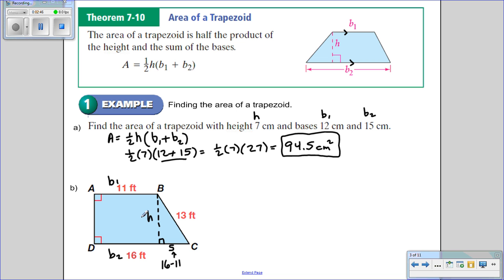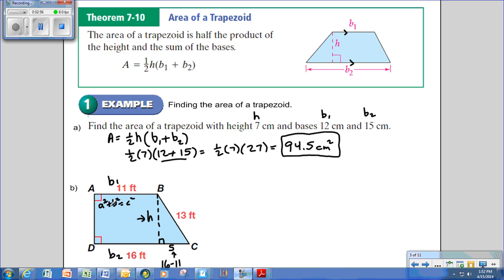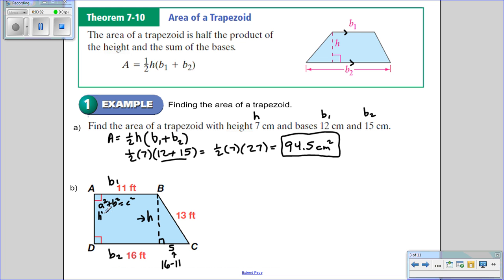So to find the height, I'm going to use a squared plus b squared equals c squared. If I look at this right triangle, I'll call h my a, so that's h squared. B would be 5 down here. That's the other leg, so it's 5 squared. And c is always the hypotenuse. That's 13 squared. So I'm going to go ahead and calculate this out.